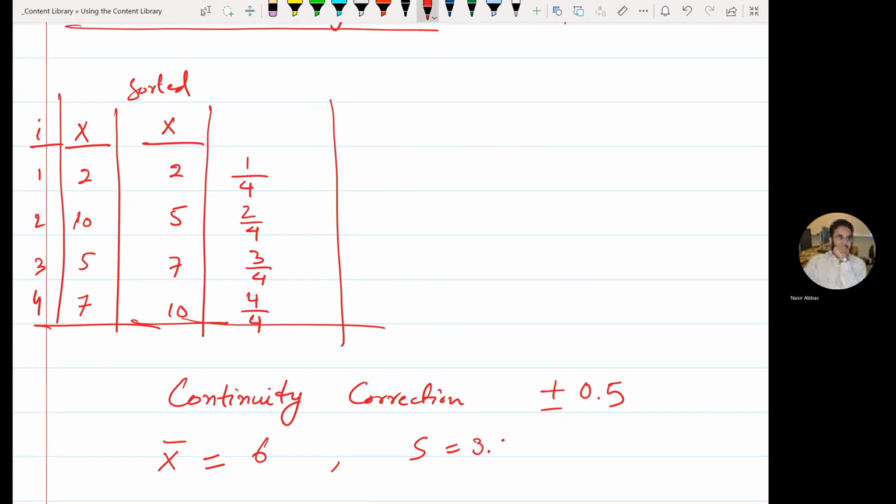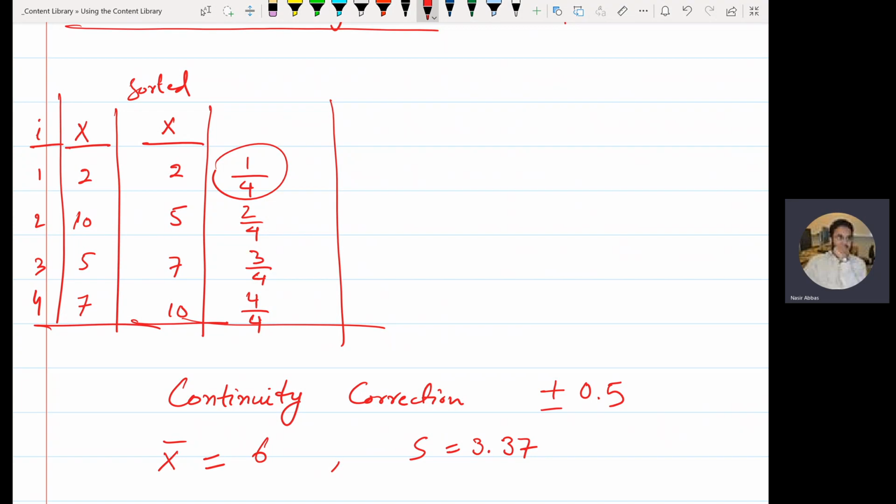Now what I'm going to do is obtain a value from the normal distribution with mean 6 and standard deviation 3.37 such that the area below that value is this 25%.